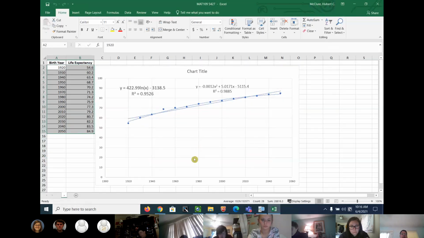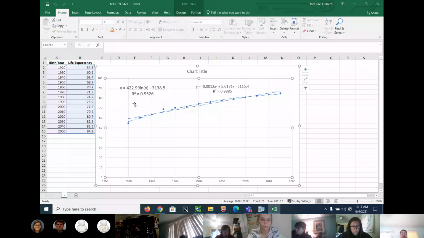And I'm not going to go through this because we've done enough of these problems. You know how I got these two. Now, I do want to make a note. I need somebody to take the square root of 0.9526 for me. What is the square root of 0.9526? 0.976. 0.976? Yep.